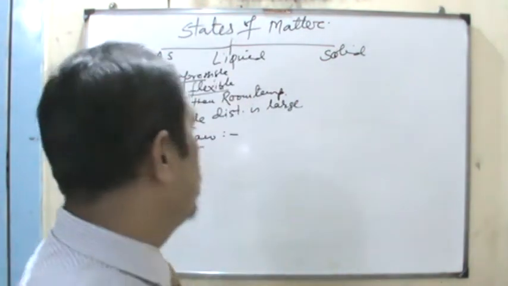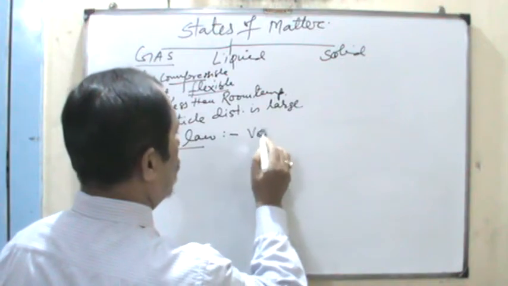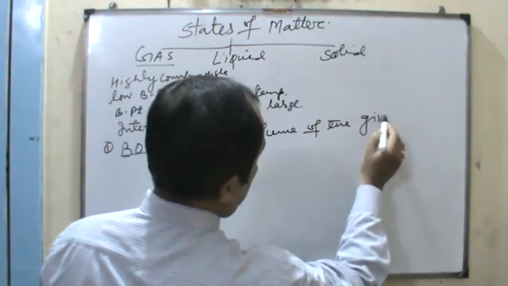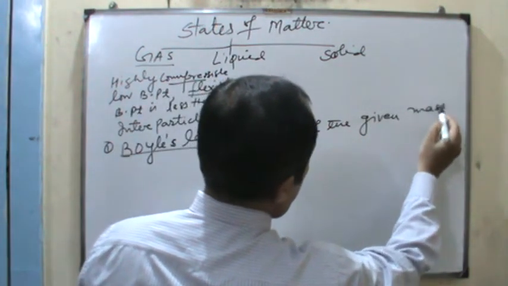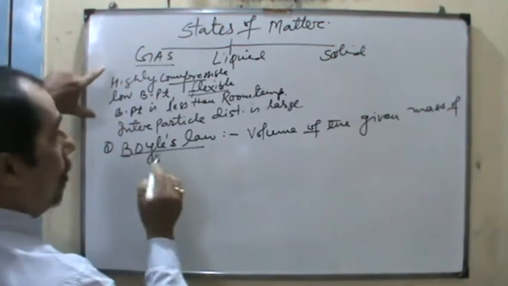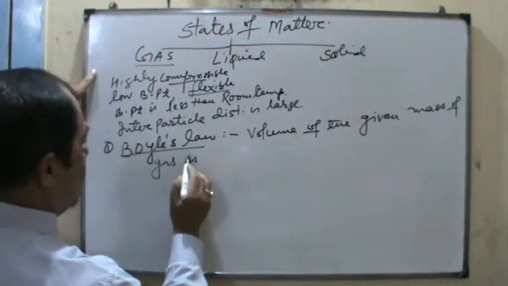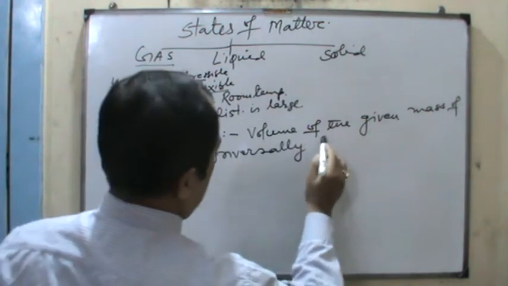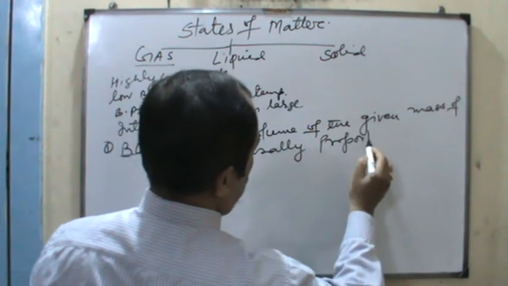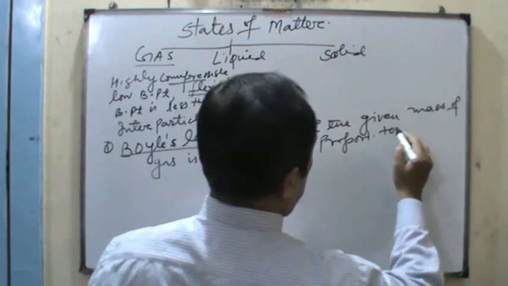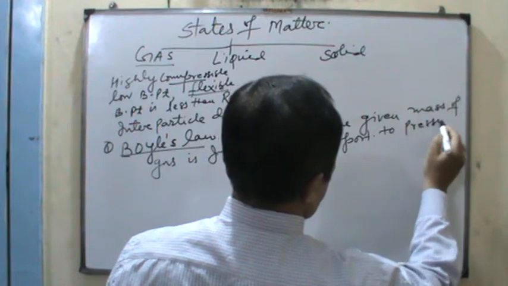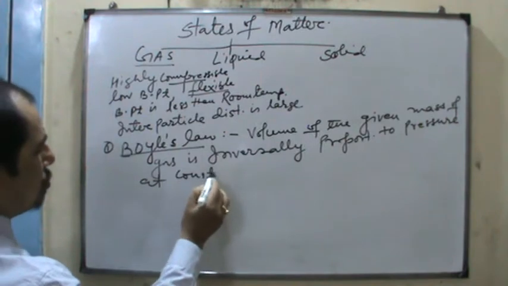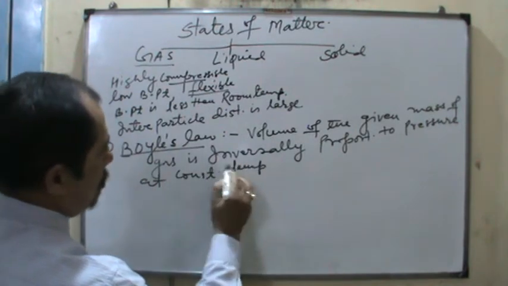According to Boyle's law, the volume of a given mass of gas is inversely proportional to pressure at constant temperature.